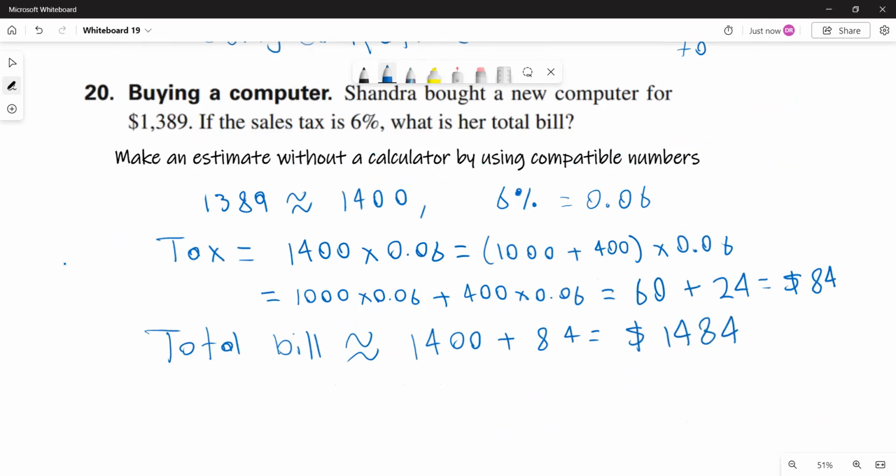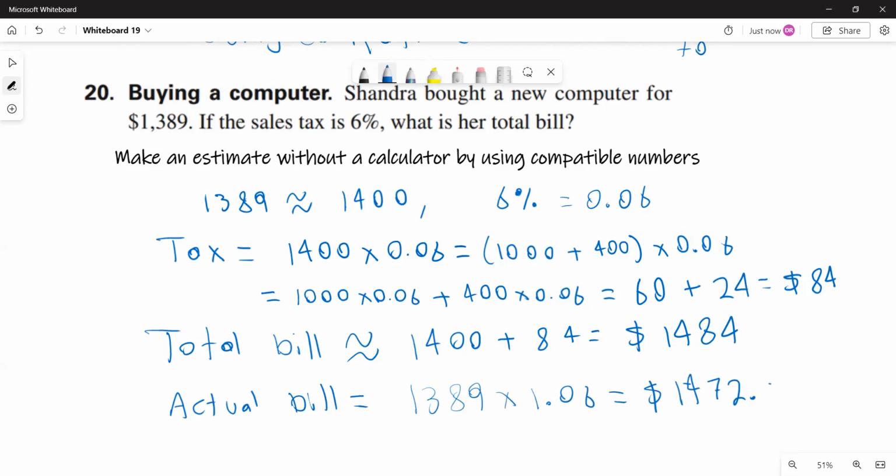So the actual bill, just for comparison, the actual bill is 1,389 times 1.06. And this is $1,472 with 34 cents. So let's make this look like a 4.